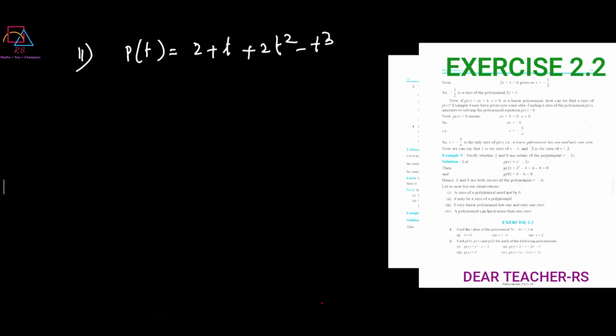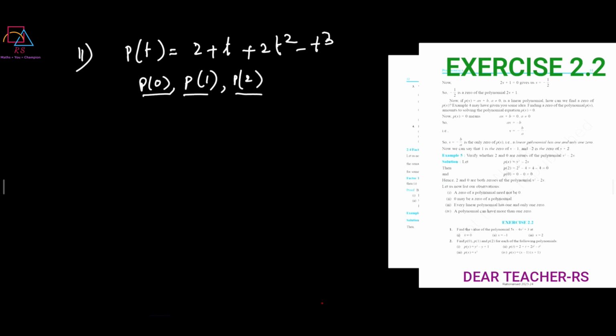So this is the polynomial. Now you have to find out 3 values. One is P0, and P1, and P2. So 3 values you have to find out.